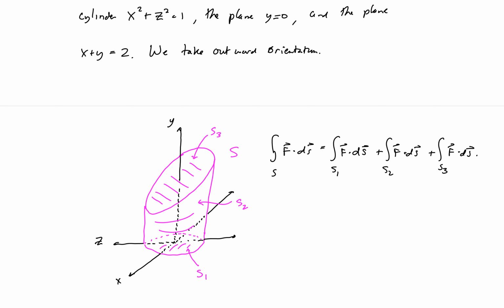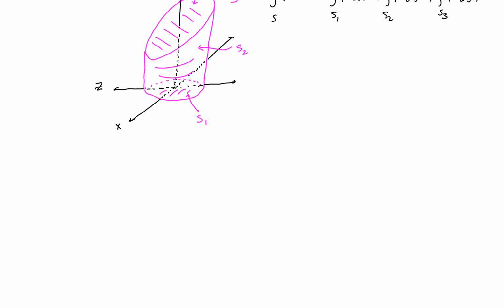Okay, so now for the first one, let's start with S1. I'm going to start with the one that's going to be the least amount of work. So notice in this case, for outward orientation, our unit normal will be negative j, because it's going down, so it's going outward.